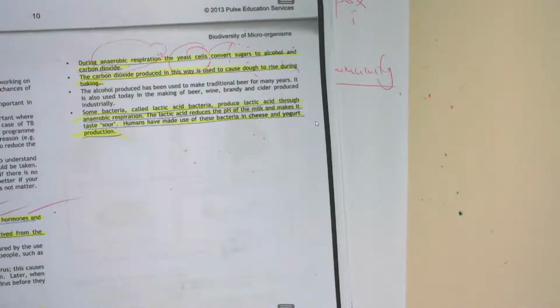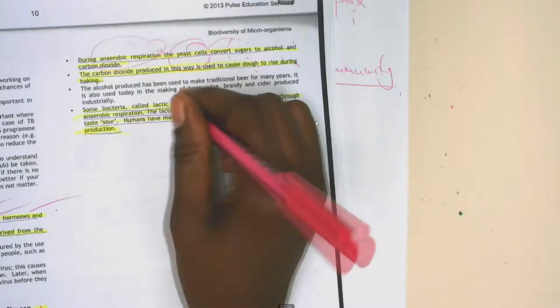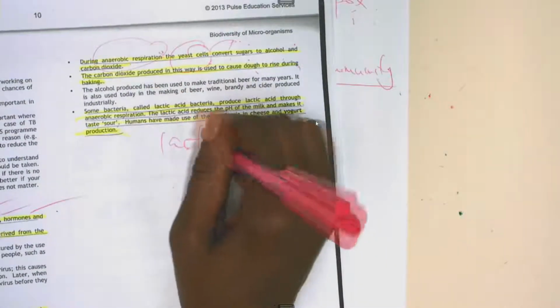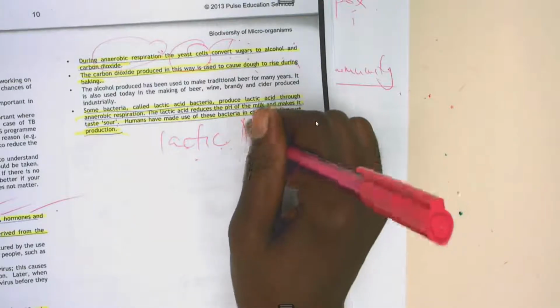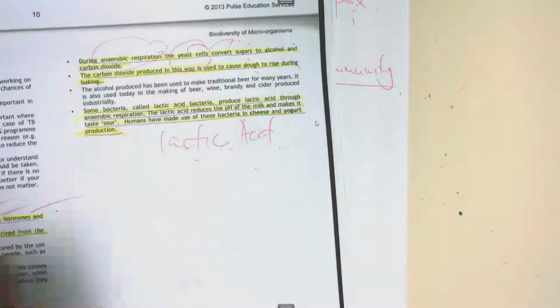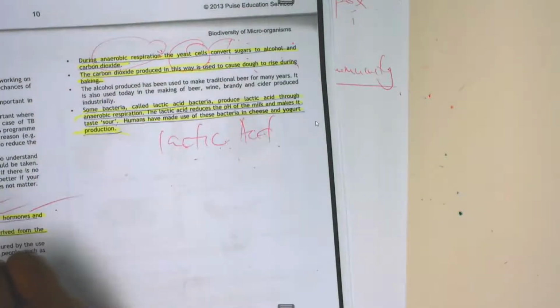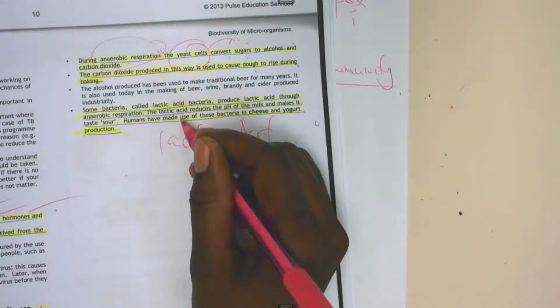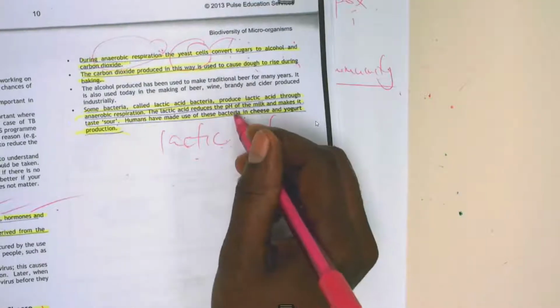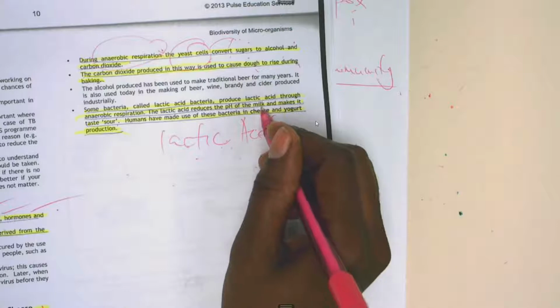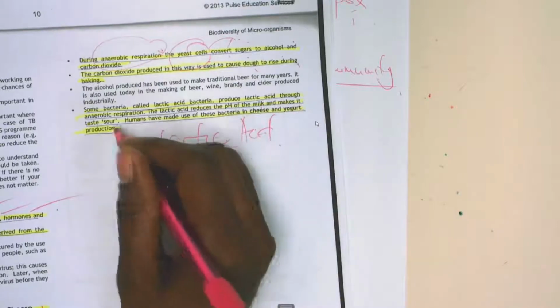And then another last thing, some of the bacteria called lactic acid bacteria. So they produce lactic acid through anaerobic respiration again. And then the lactic acid reduces the pH of the milk and makes it taste sour.